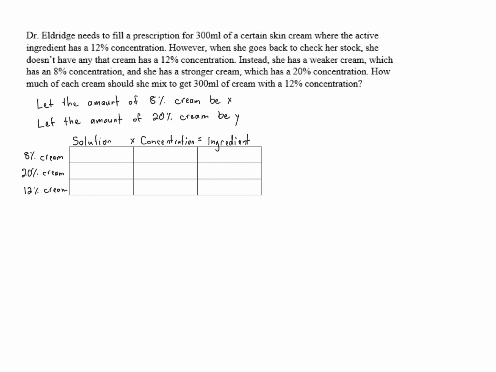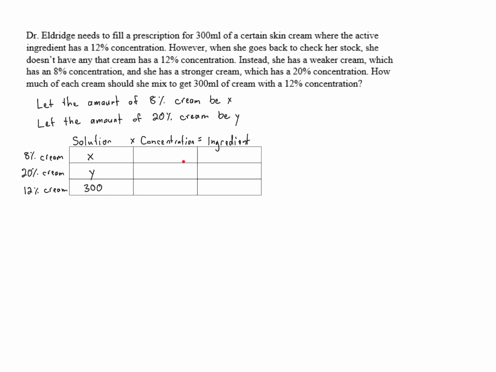We said that it was X, so the amount of the 8% cream solution is X. Similarly, the amount of the 20% cream is going to be Y, and we are told in total for the 12% cream, we need 300 milliliters of it. So that's going to be 300 down there.